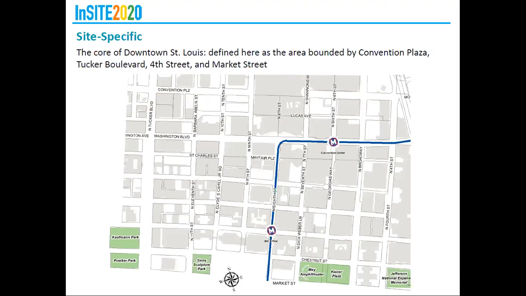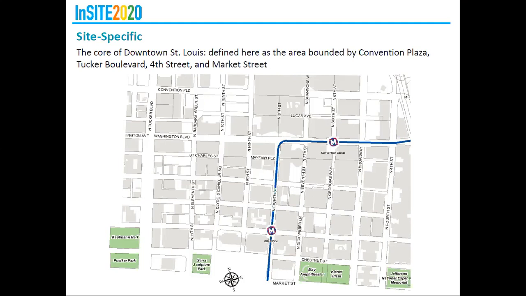So how we're defining our space. This is downtown, our limits for this particular call. And again, the overall initiative, the geography is a much broader definition of downtown. It goes all the way to Jefferson and goes much further to the north and south and all the way to the river.